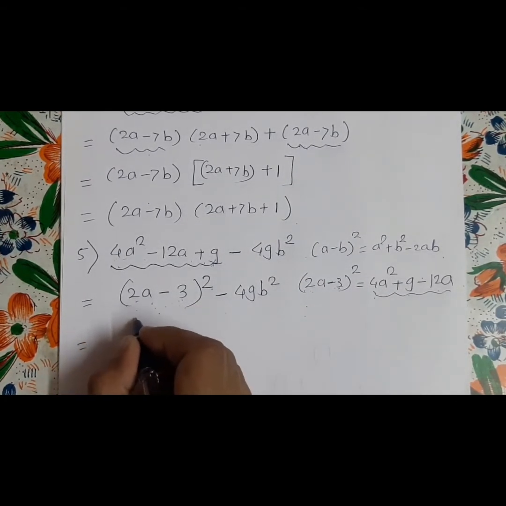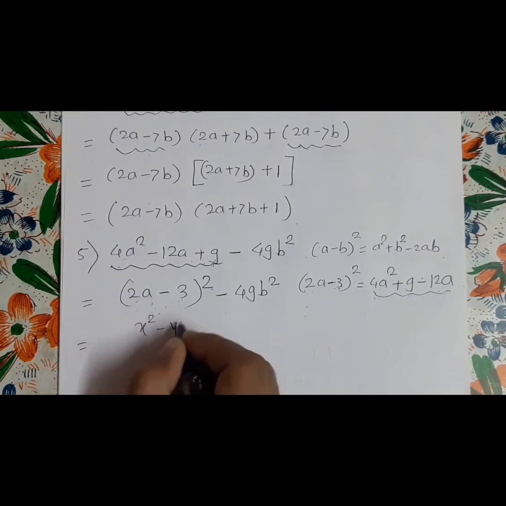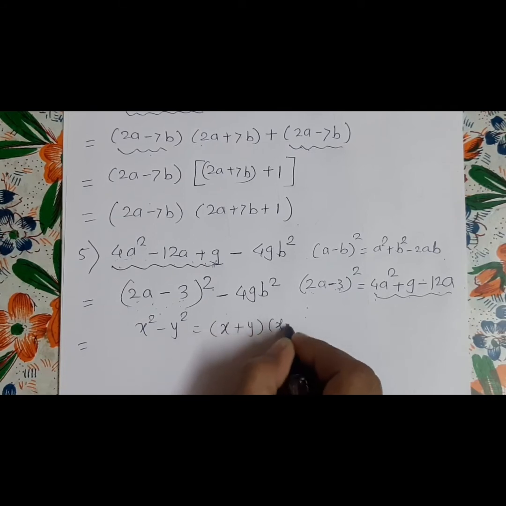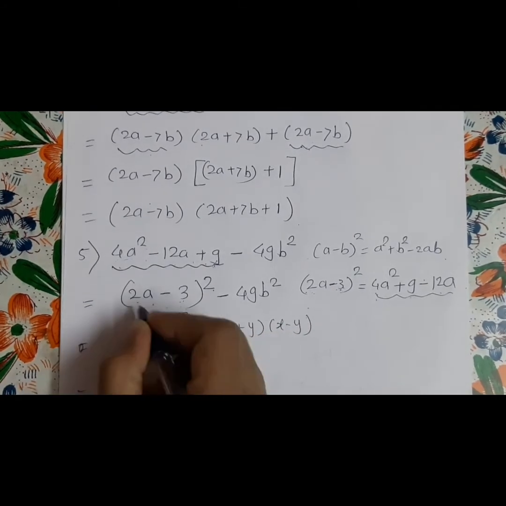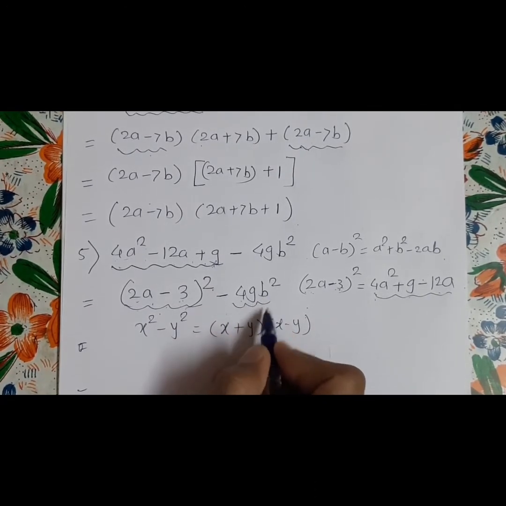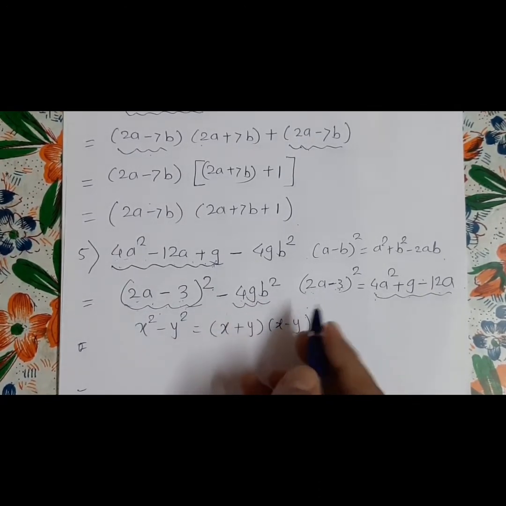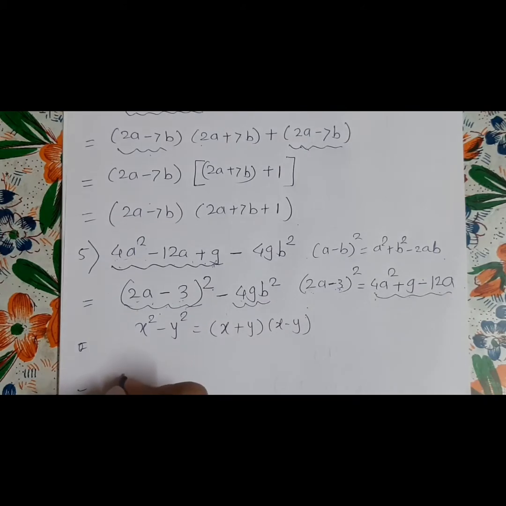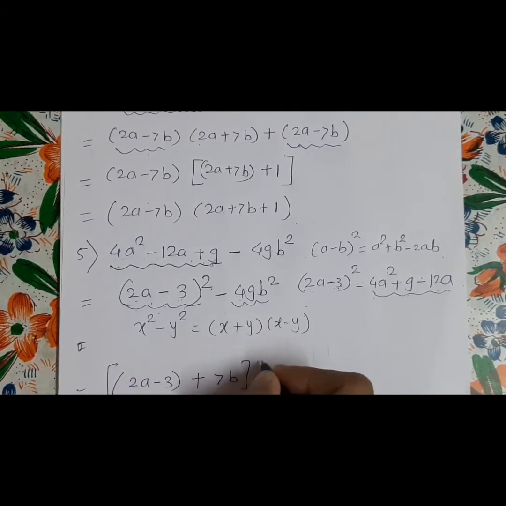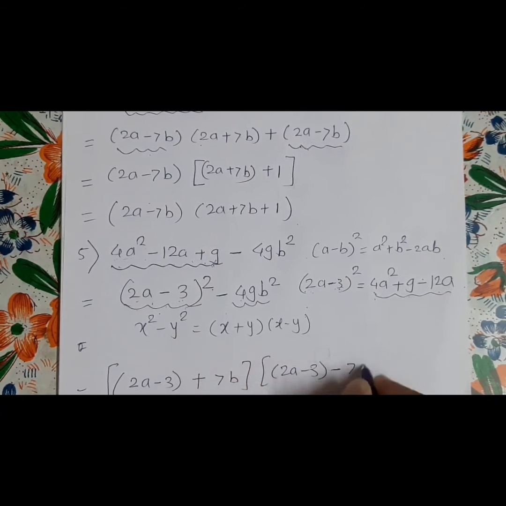Now this is in the form x square minus y square, that is nothing but equal to x plus y into x minus y. So here this is x square and this is y square. Why? 49b square is the square of 7b. So you can write here, x plus y, means 2a minus 3 is x, plus y is 7b, and 2a minus 3 minus 7b.